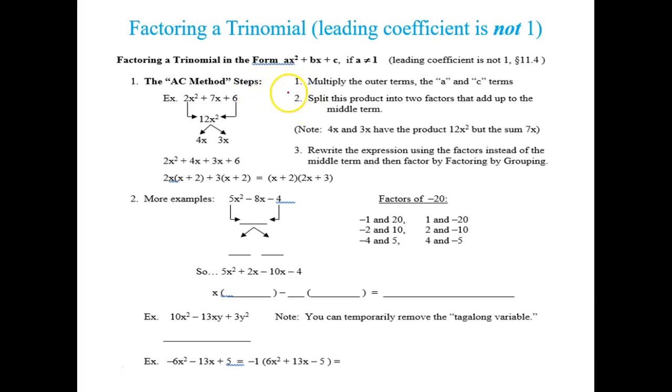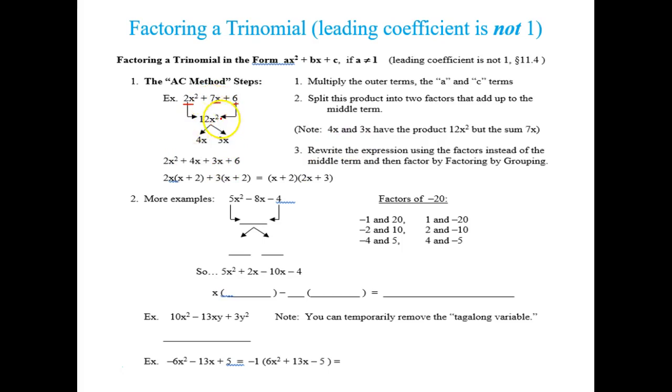It's called the AC method because the first thing you do is you multiply the outer terms. In this case, you're going to multiply the 2x squared and the 6, and that'll give you 12x squared. All right, then step 2, you're going to split this product into two factors that add up to the middle term. So the middle term is 7x.